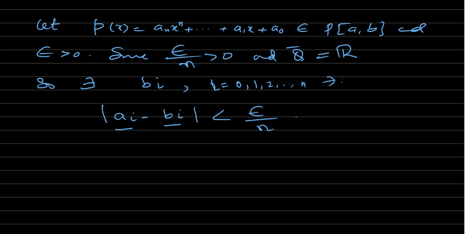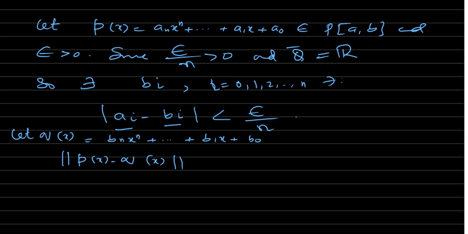Now let's find this norm of p(x) minus q(x). What's this q(x)? Let's first define q(x), then we calculate this. Let q(x) be this polynomial b_n x^n plus ... plus b_1 x plus b_0.